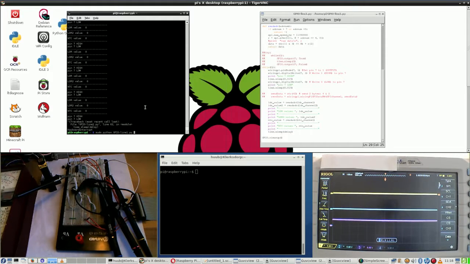Well, actually I should be measuring something. So what do I measure here? Nothing as well. Nothing either. Do I measure here something? No. Do I measure something here? Yes. 3.3 volts.